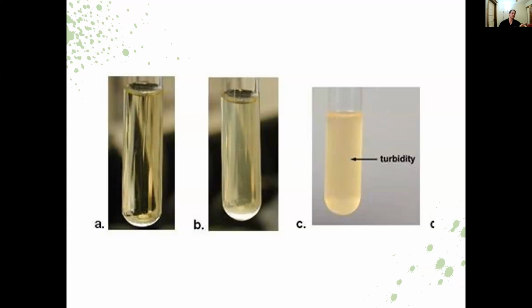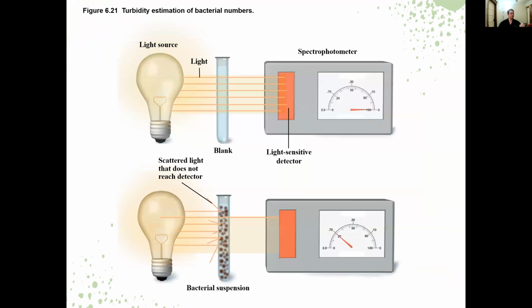So we can use this to determine how this organism or this population is growing and increasing in number. How do we do this? We use a spectrophotometer, and this device measures the absorbance at a 600 nanometer wavelength.